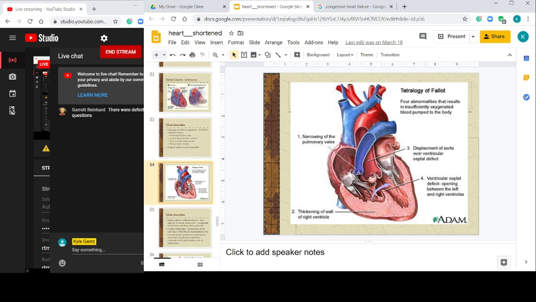And so we can see how this is a major heart surgery. They've got to go in and repair this. They've got to reposition this so that it is over only the left ventricle. They're probably going to go in here and put in a different valve to make it bigger.